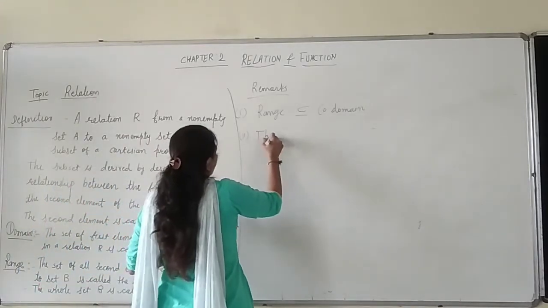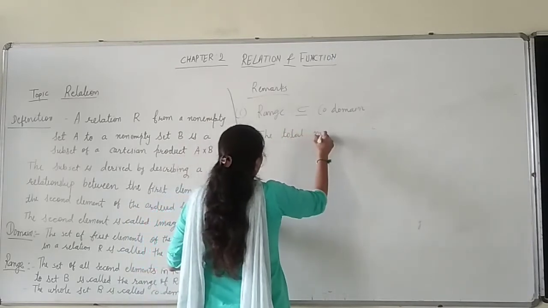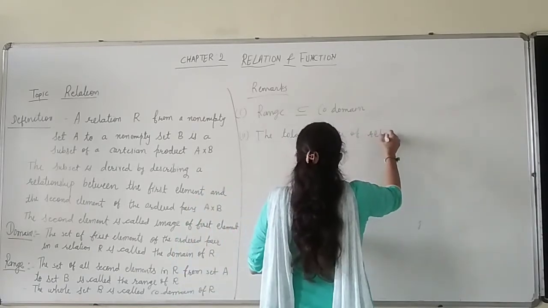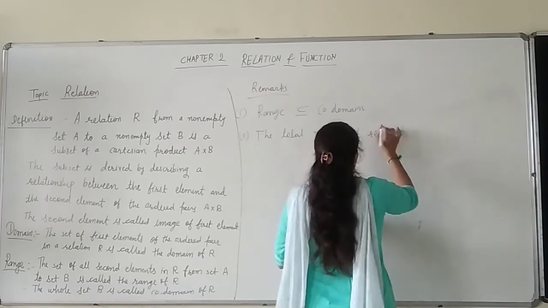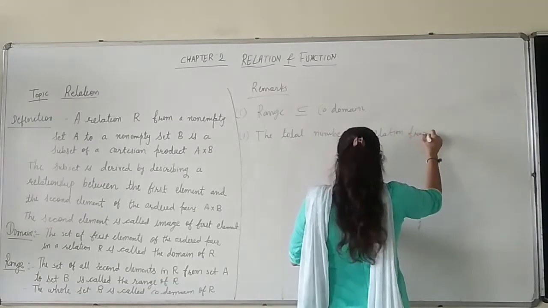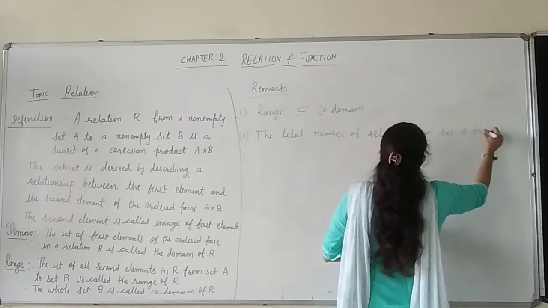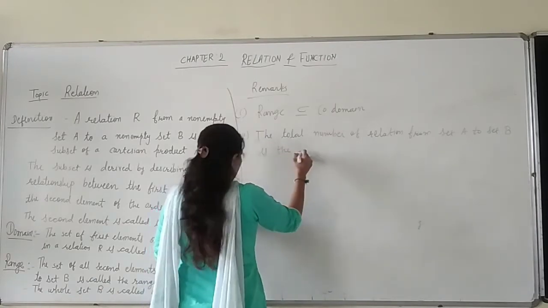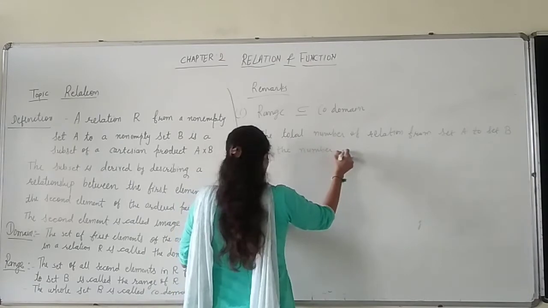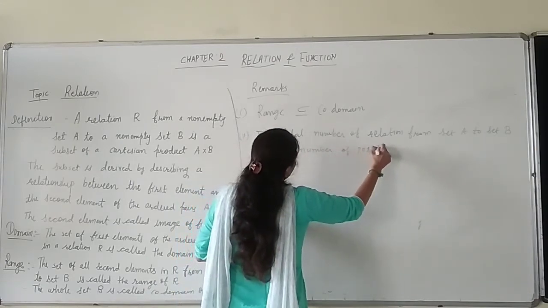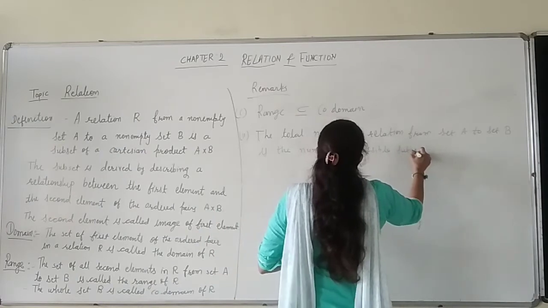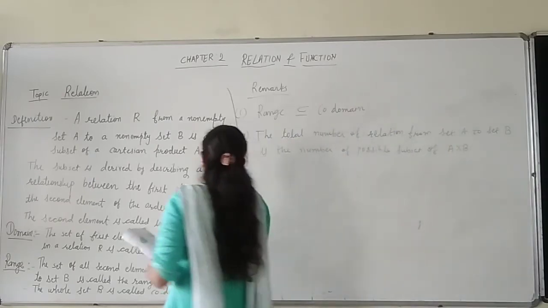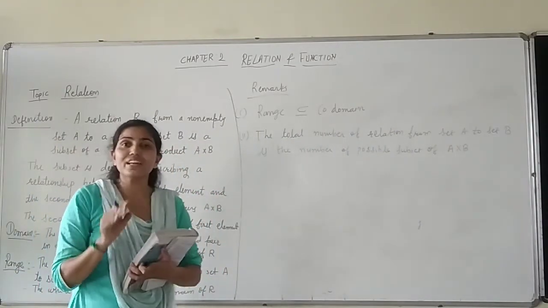Second remark is the total number of relations from set A to set B is the number of possible subsets of A cross B. Okay, so this is very clear to you students, that in A cross B we define relations.